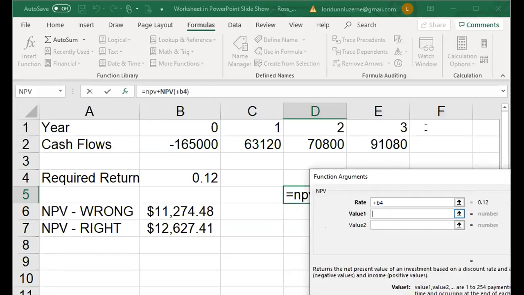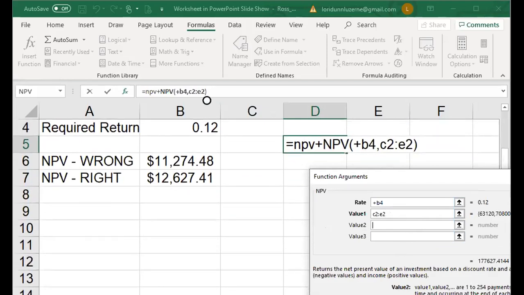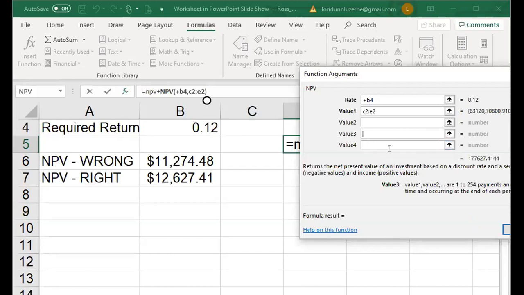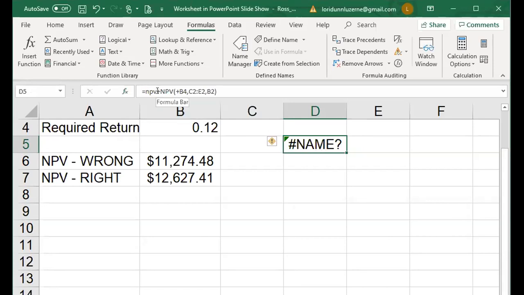So that's where we get our C2 to E2. Okay, I'm done with that. What's next? Go up here and I'm going to put B2 and see what happens. And that's going to come out wrong because my formula is in there wrong.